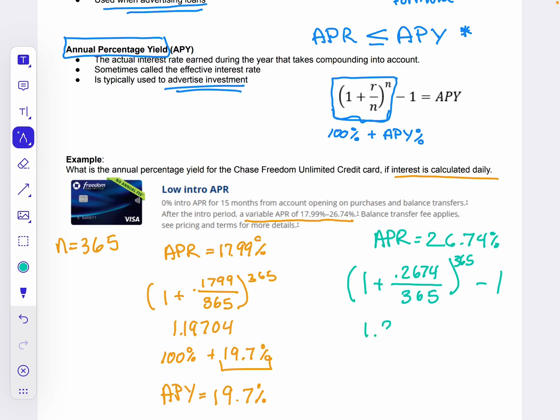So I get 1.3064 minus 1, taking out that 100%, gets me the decimal 0.3064, or 30.64%. So a 30% APY. Whew. And so that's just looking at, if I'm given an APR value, how do I take that APR and turn it into my annual percentage yield? So I can know actually how much interest is being earned.